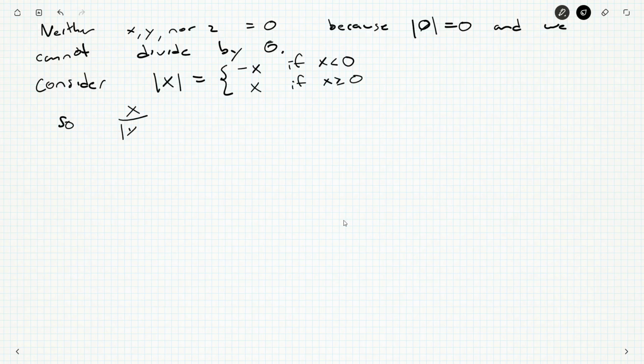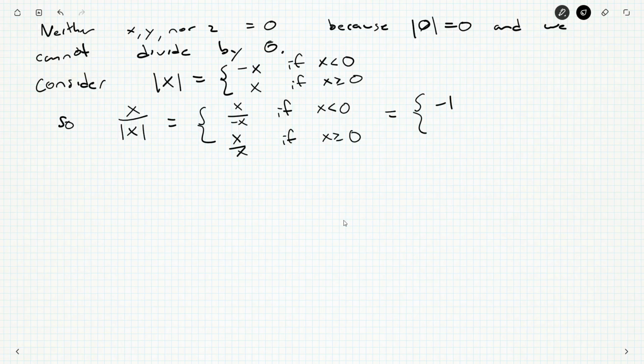So x over the absolute value of x is going to be either x over negative x if x is less than 0, or x over x if x is greater than or equal to 0. So this is either -1 if x is less than 0, and we have to mention that it's undefined if x is equal to 0, as we've already mentioned, and then x over x is 1 if x is greater than 0.